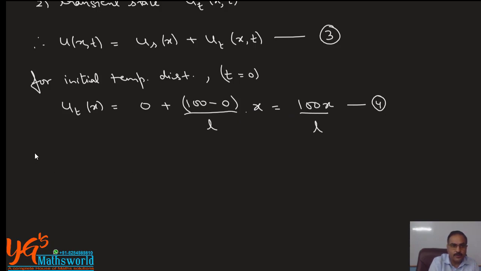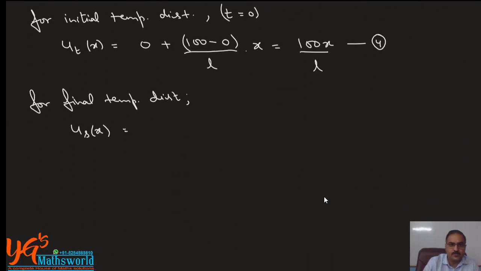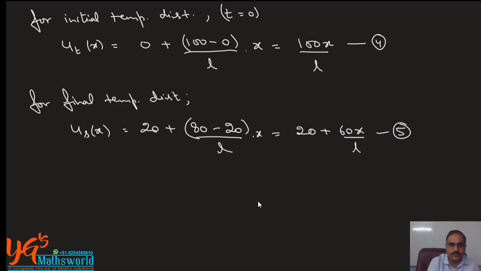That will be your equation number 4. And for the final temperature distribution, that is us(x), it will be equal to temperature at A. After steady state, we have 20 and 80. So that means 20 plus (80 minus 20)/L into x. So it will be 20 plus 60x/L. That will be equation number 5.